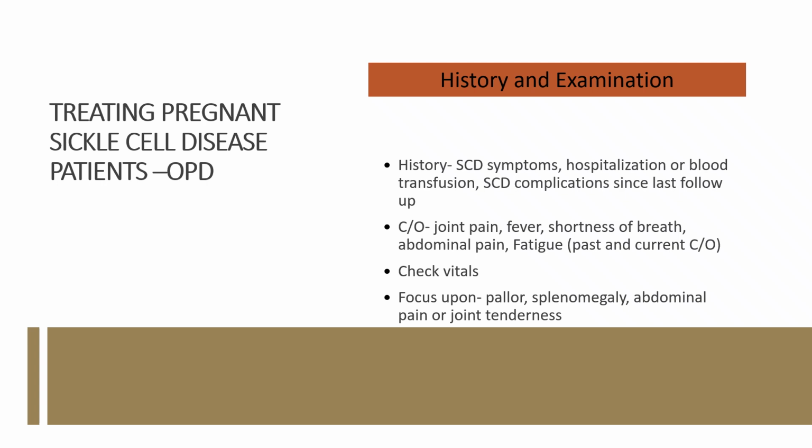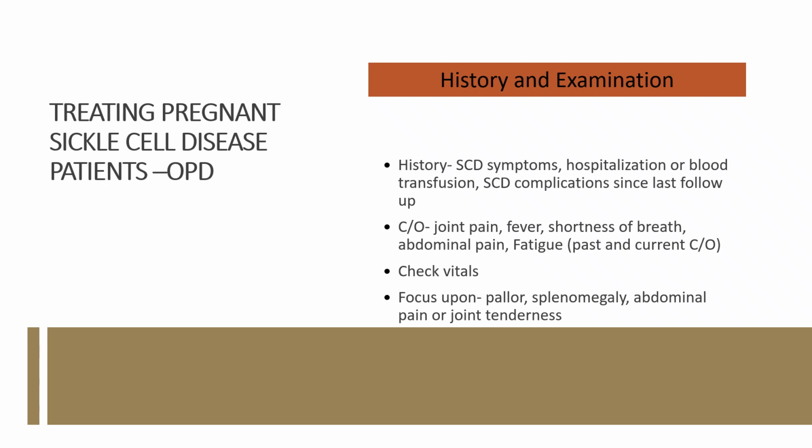Treating sickle cell disease on an outpatient basis, first and foremost, history and physical examination is very basic to it. Evaluate the patient's symptoms, any hospitalization or blood transfusion data, any sickle cell related complications that the patient had.